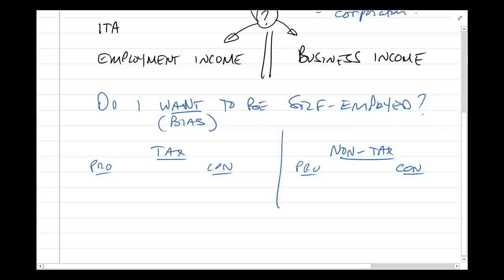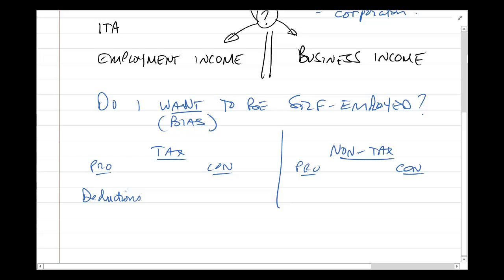And so we do the simple kind of pro-con from a tax point of view. Being self-employed, and we usually like to have an L in the word employed, basically comes down to there is more under the Act that is deductible if you're self-employed than if you're employed.